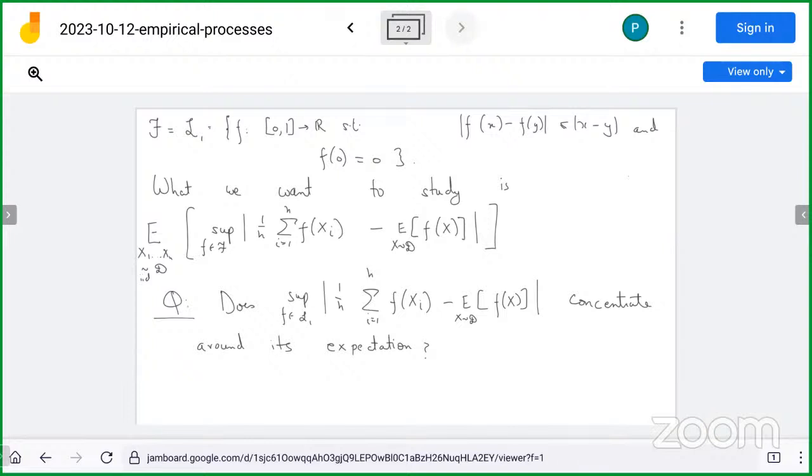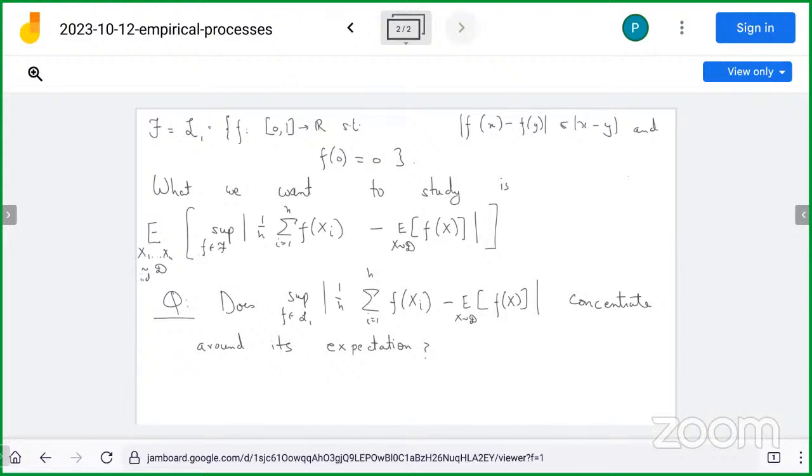You can apply the bounded difference inequality. But the thing is to show that this expectation itself is small. So how should we go about doing this?